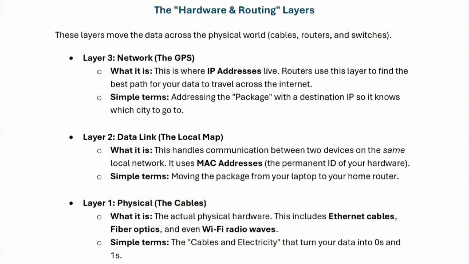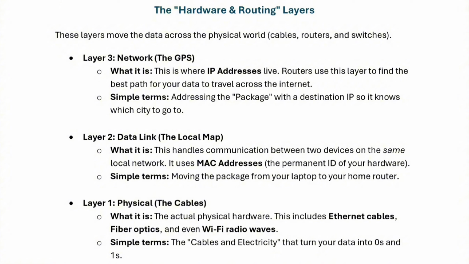So what do these hardware and routing layers, the heart of the transport layer and the software layers mean? From layer 1 to 7, layer 1 starts from the hardware, like cables and fiber optics, that transfer your data, which is converted into zeros and ones in the physical layer.